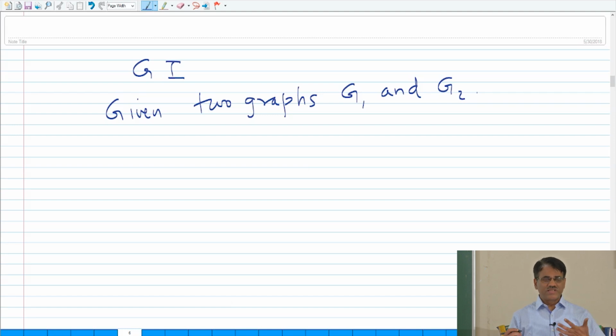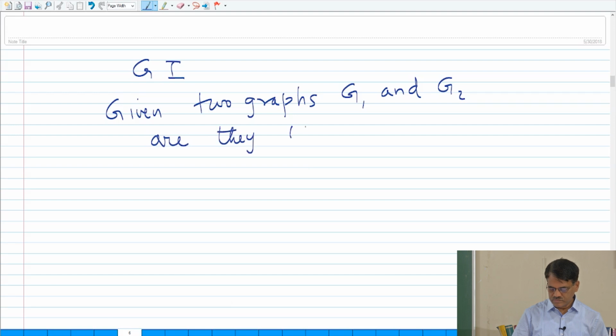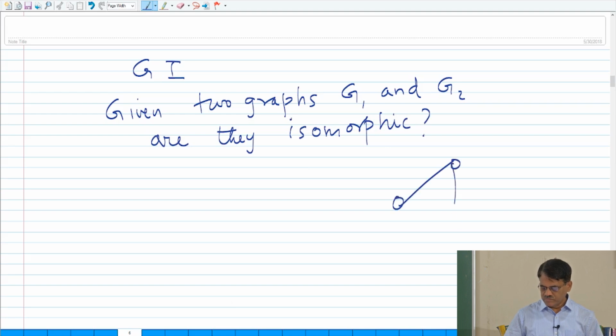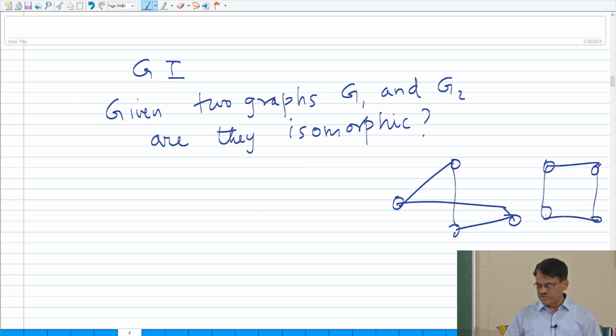What does it mean by same in the mathematical term? Right. So, for example, whether I draw it this way or this way, these two graphs are the same. Pictorially, they don't look the same, but they are the same.